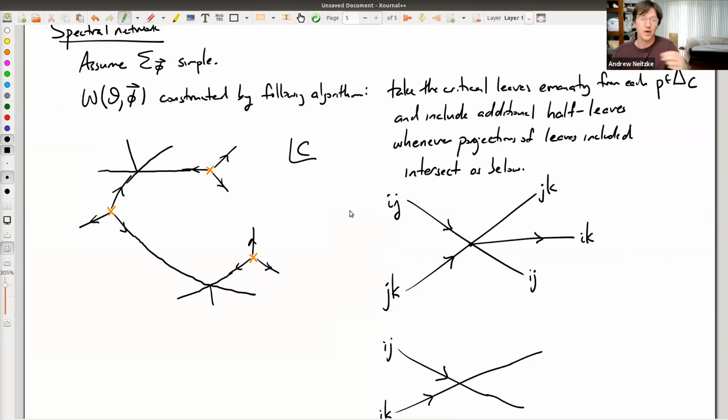Said otherwise, they really live on this sigma twiddle. On sigma twiddle, they live on a definite sheet with a definite orientation. So it's true that the projection looks the same as the projection of a curve coming the other way on the other sheet, but they really carry a definite label. They're in a specific place on sigma twiddle.